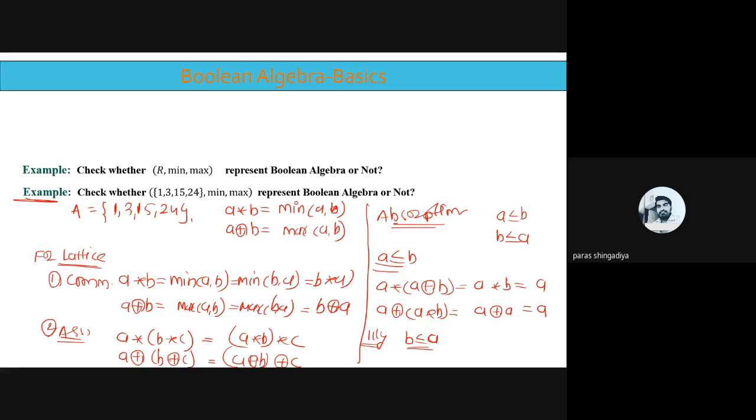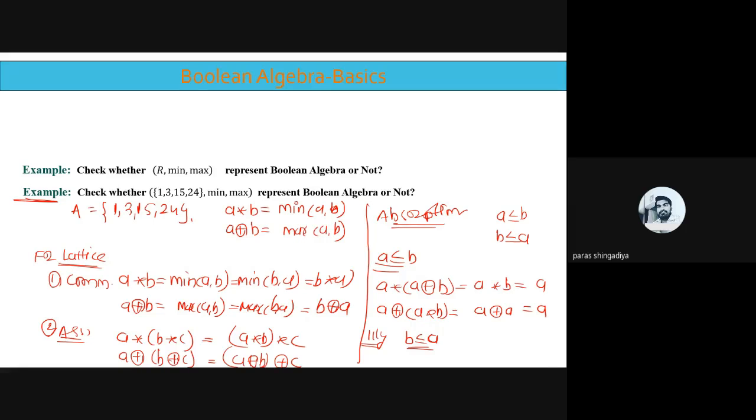For B less than or equal to A, you can easily prove both absorption conditions. The minimum, A star B, will be B, and the maximum is A since A is the bigger value compared to B, so the value of A ring sum B will be A. Clear? So this is the proof of lattice; there is no problem in checking whether it is a lattice or not. That is very easy. Clear?